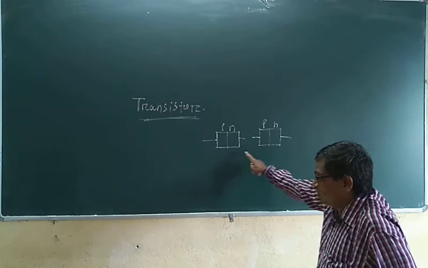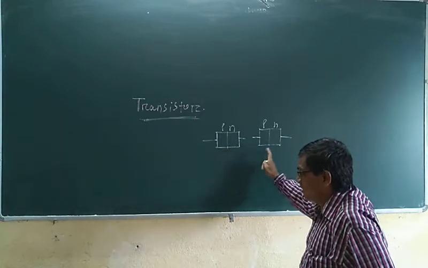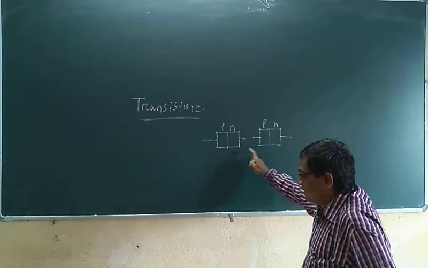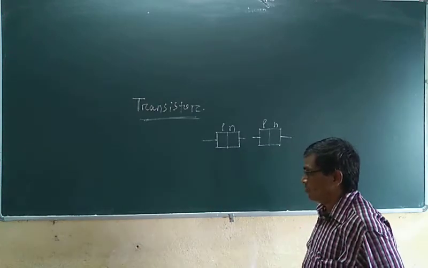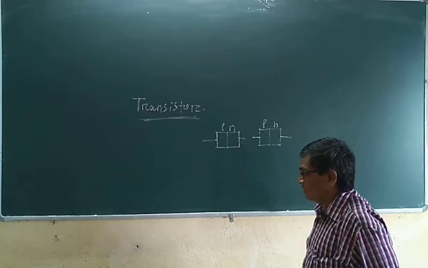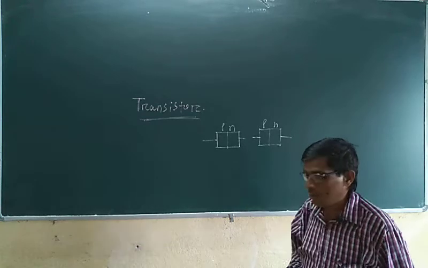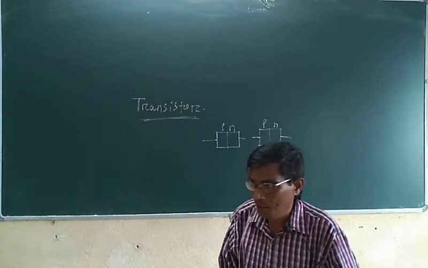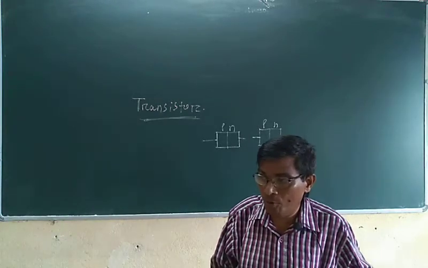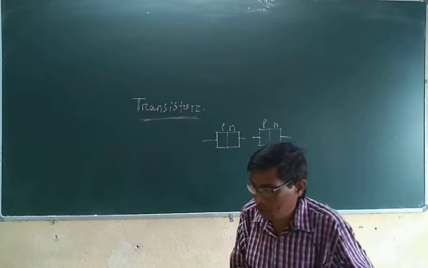So, two junction are combined in a single device to form transistor. Now, we write the transistor, or the question arises what is transistor. A transistor consists of two PN junction diode.